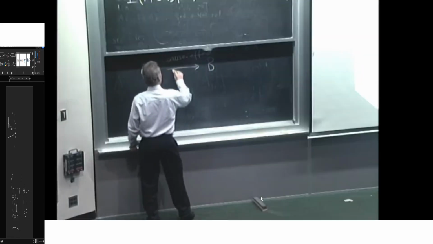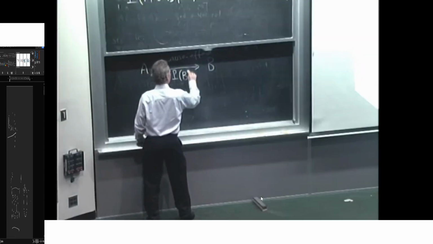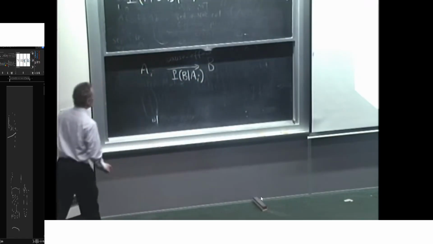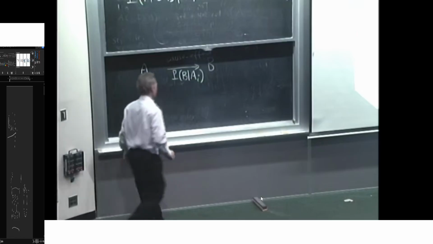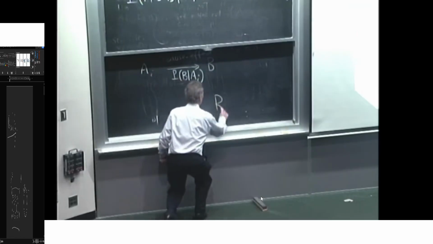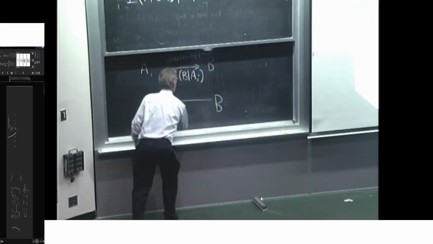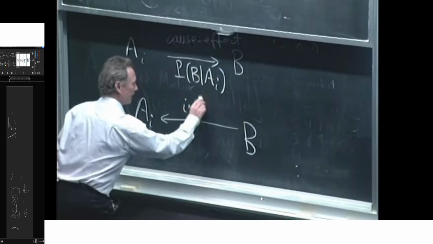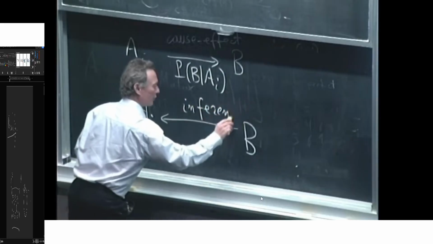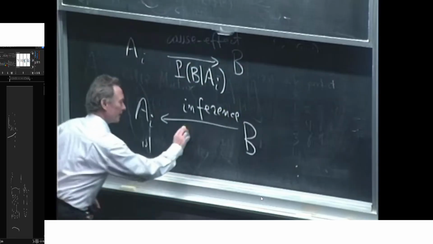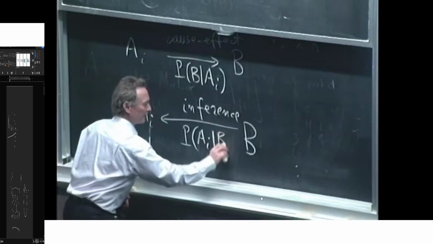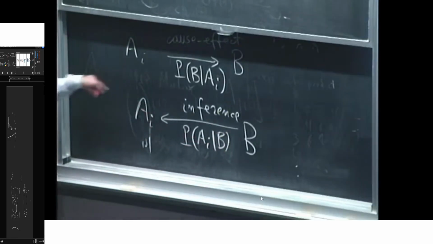It's modeled using probabilities such as probability of B given A. And what we want to do is inference, where we're told that B occurs, and we want to infer whether A also occurred or not. And the appropriate probabilities for that are the conditional probabilities that A occurred given that B occurred.